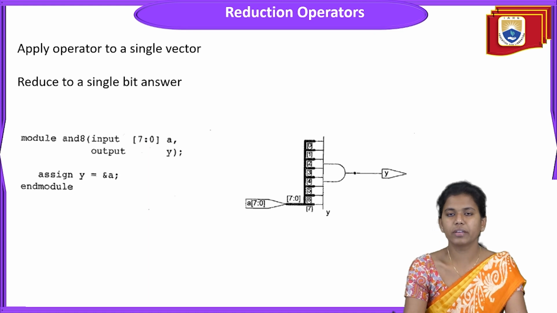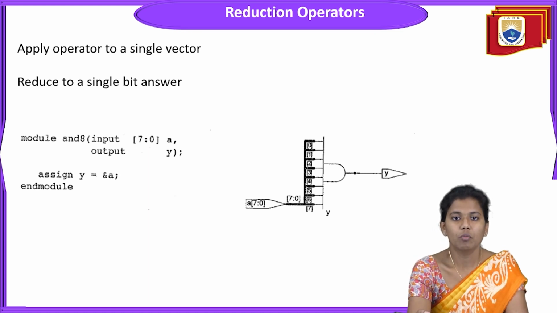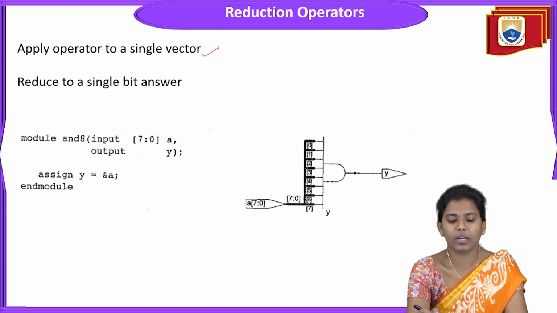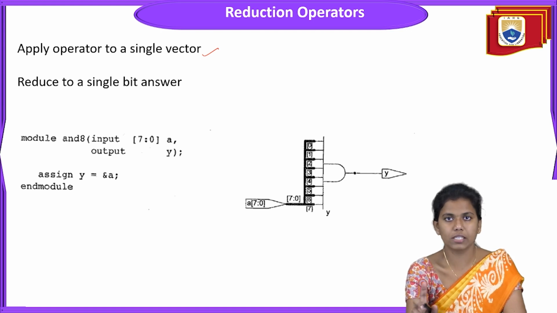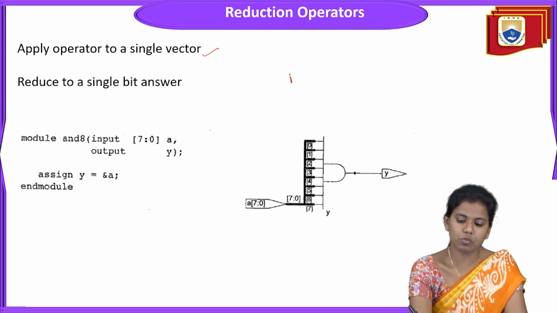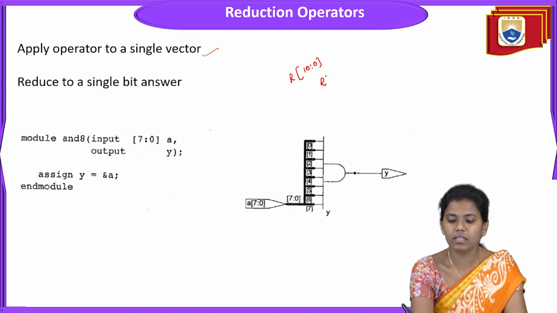And then coming to the reduction operation. What does this reduction operation mean? Applying an operator on a single vector. So here, reduction is nothing but applying the reduction operator onto a single vector. For example, if I have 10 to 0, how will I write? R equals 0, R equals 1, R equals 2, and so on, up to R equals 10.